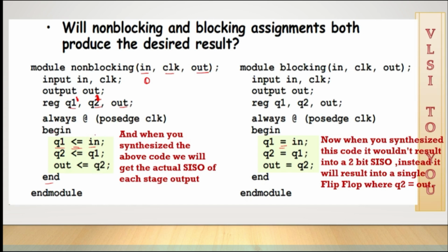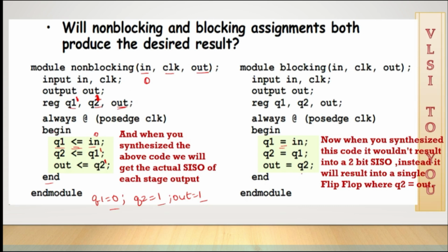First the initialization is done: input is 0, Q1 is 1, Q2 is 1. After this, the values will be Q1 equal to 0, Q2 equal to 1, and out equal to 1. This is the series that you have taken, and this is the series that you are getting for your output.